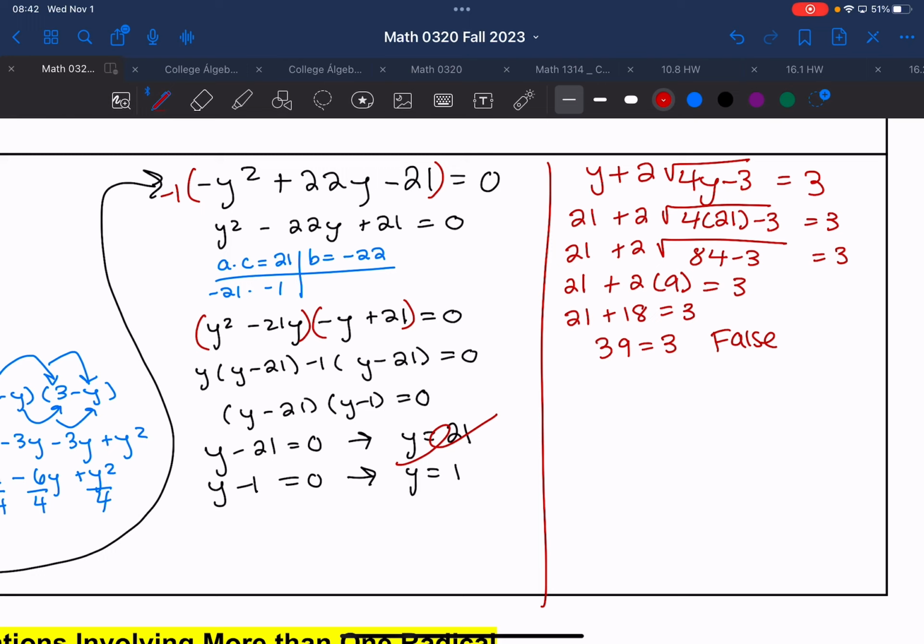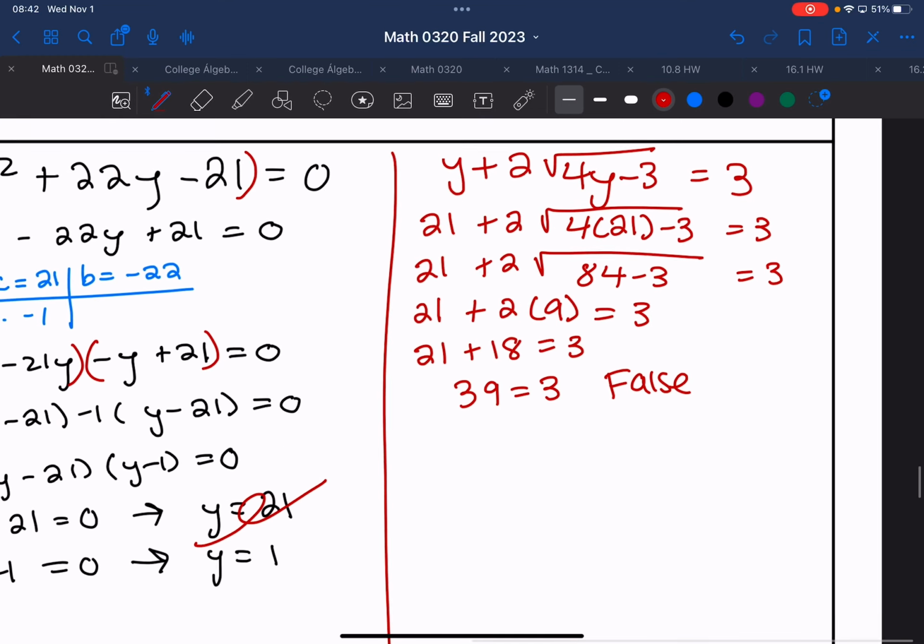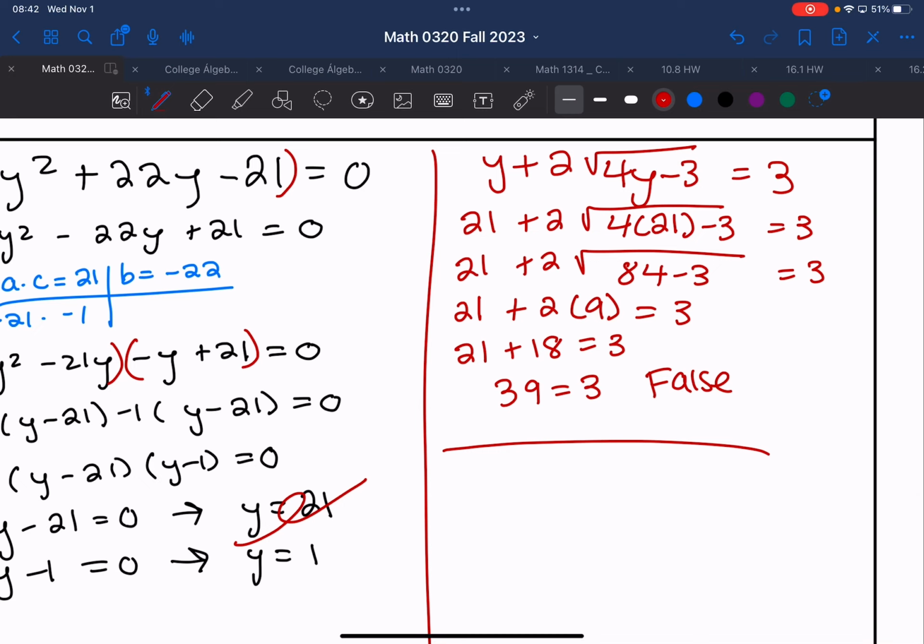Now we have to plug in what number? 1. So I have 1 plus 2 square roots of 4 times 1 minus 3 equals 3. 4 times 1 is 4. 4 minus 3 is 1.